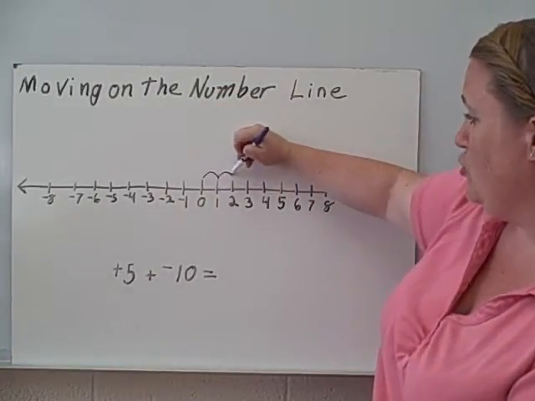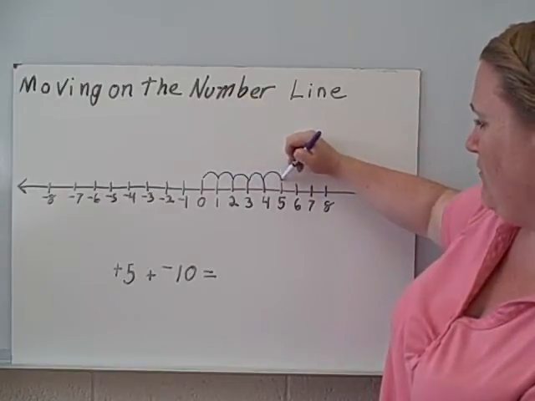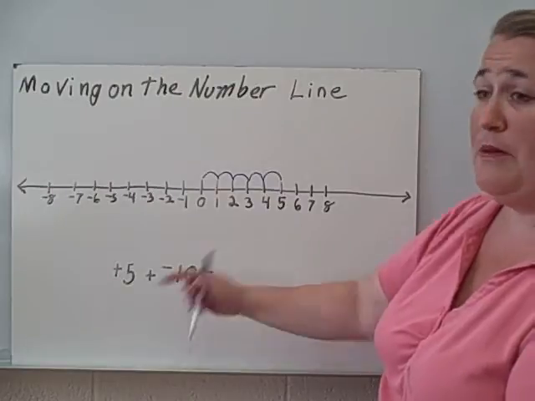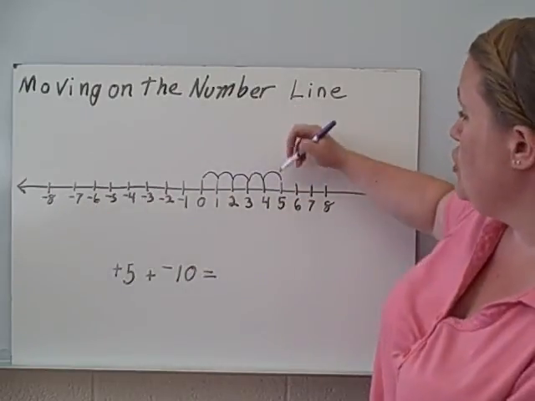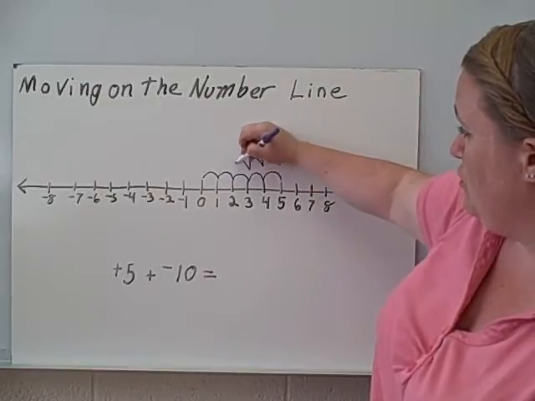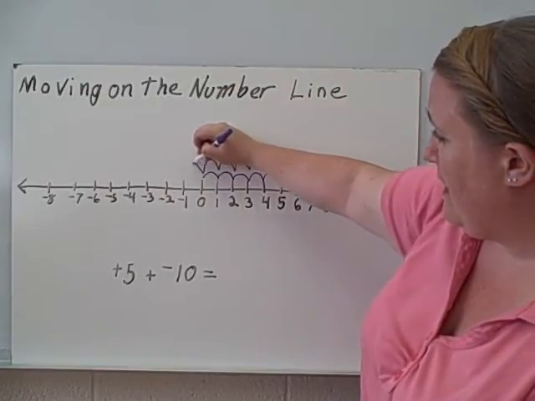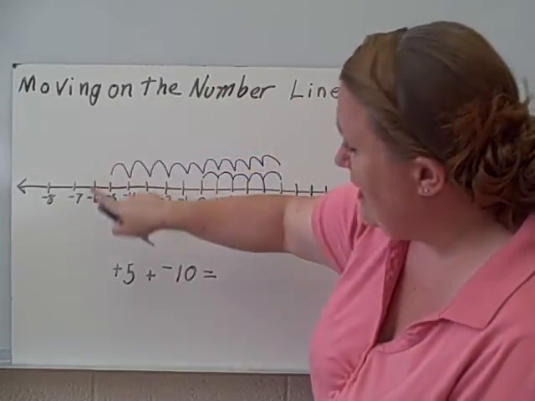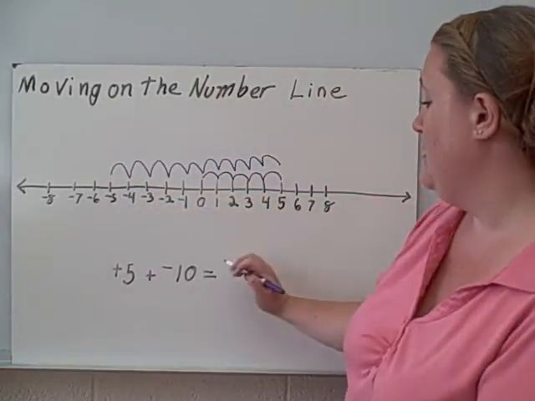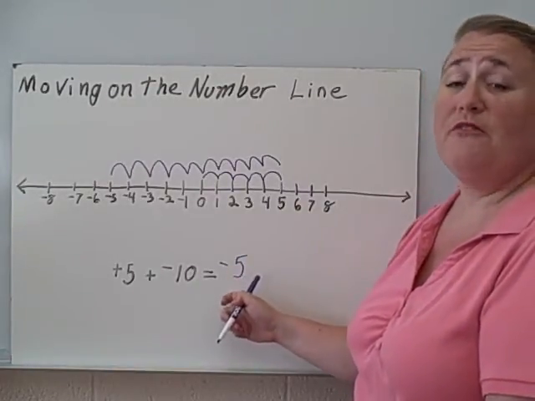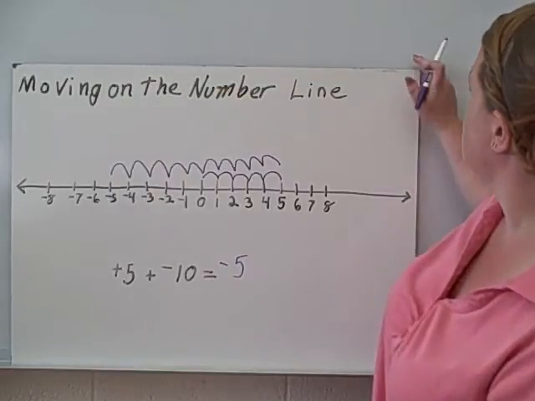So 1, 2, 3, 4, 5. But I'm buying something for $10. Remember, you're paying it out. So we're going to go in the negative direction. 1, 2, 3, 4, 5, 6, 7, 8, 9, 10, which takes me to -5. So I'm going to owe my mom $5.